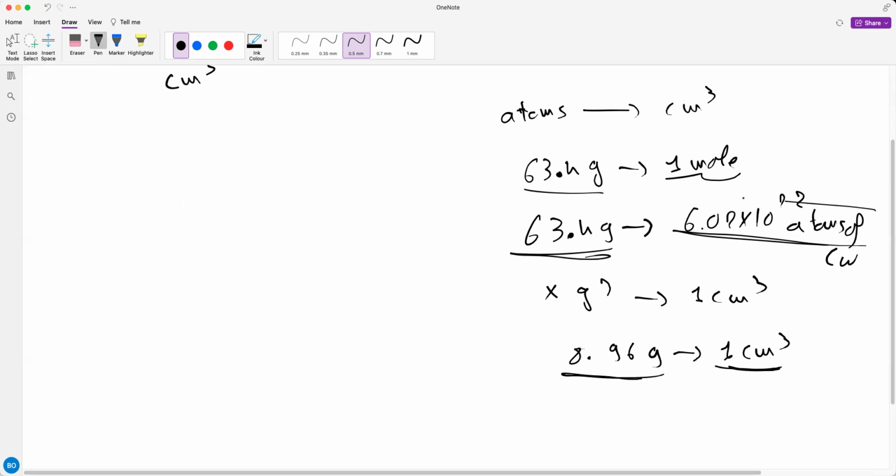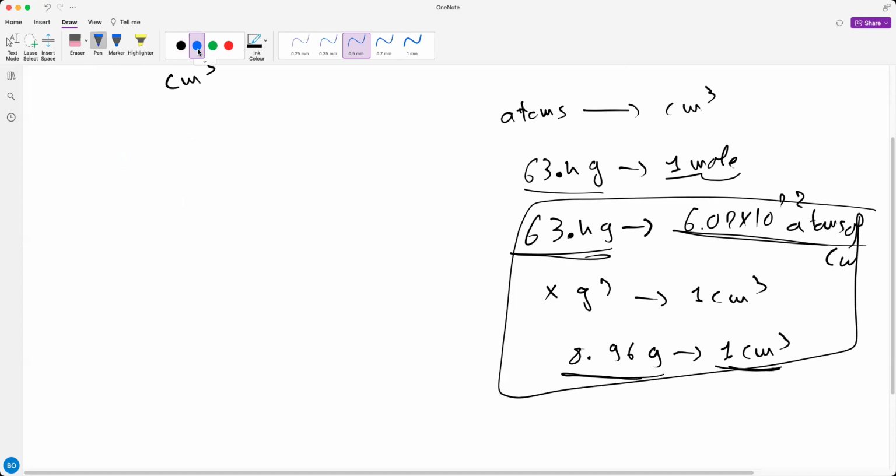So I have these two pieces of information. Let me explain it here: 1 cubic centimeter of copper has a mass of 8.96 gram.